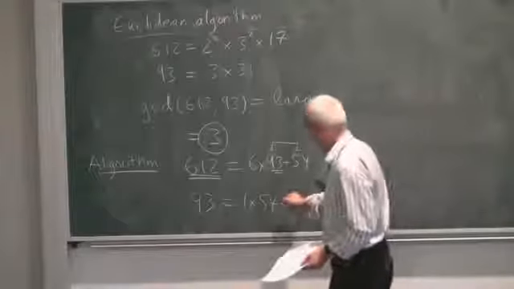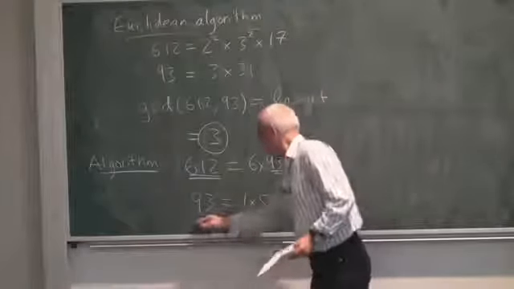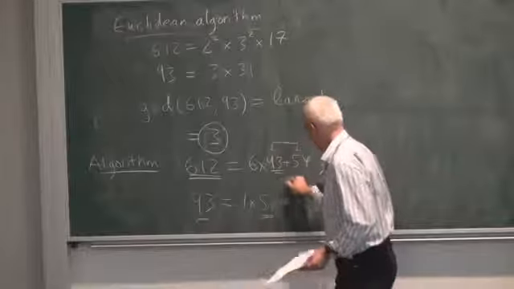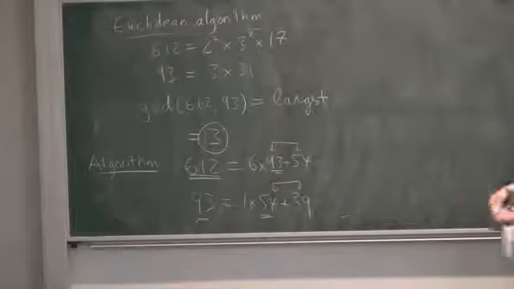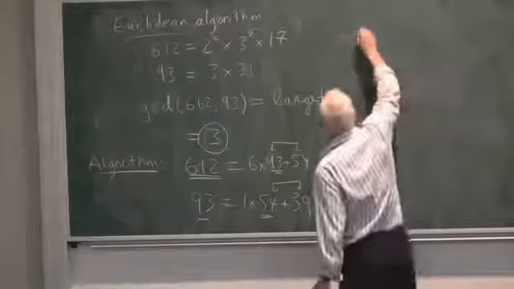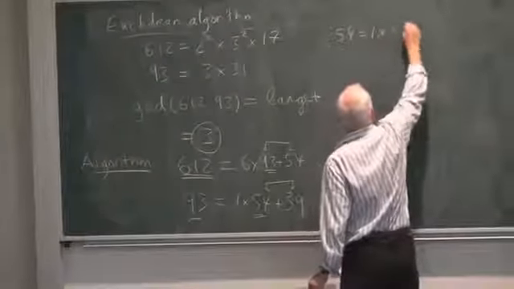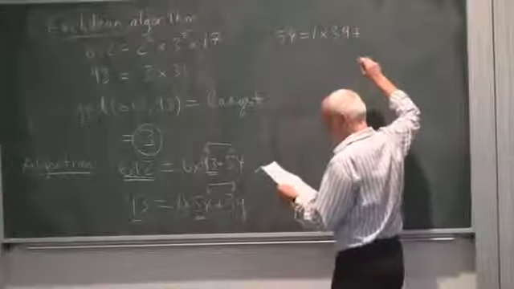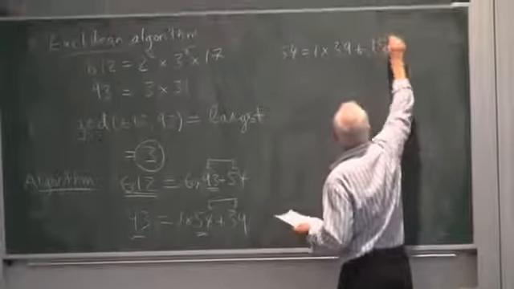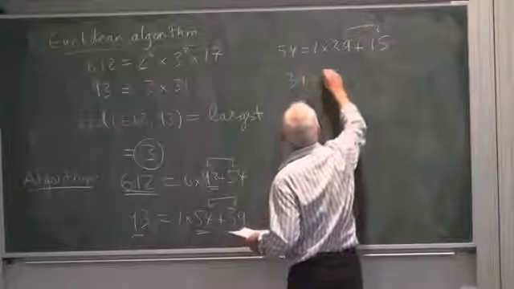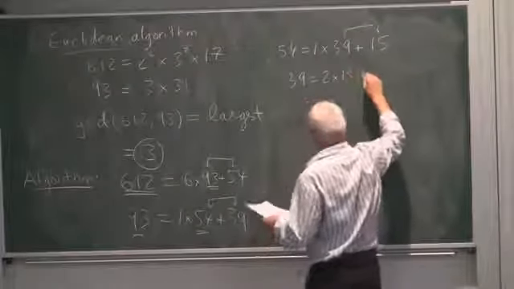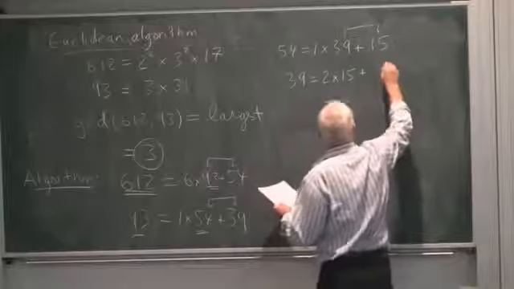Now the greatest common divisor between 93 and 54 is the same as the greatest common divisor between these two. Same argument. So we repeat. We divide 54 by 39. We get 1 times 39 plus a remainder of 15. And then we divide 39 by 15. 2 times 15 plus a remainder of 9.